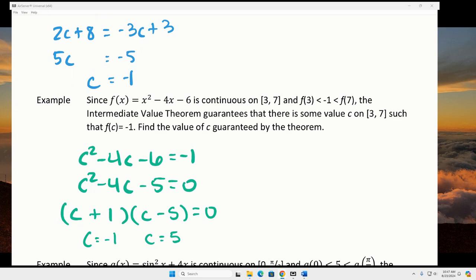Now, it is possible that there are two values that are the c we're talking about, but are both of these the c we're talking about? No, it has to fall in that interval, so we're only talking about 5 here.